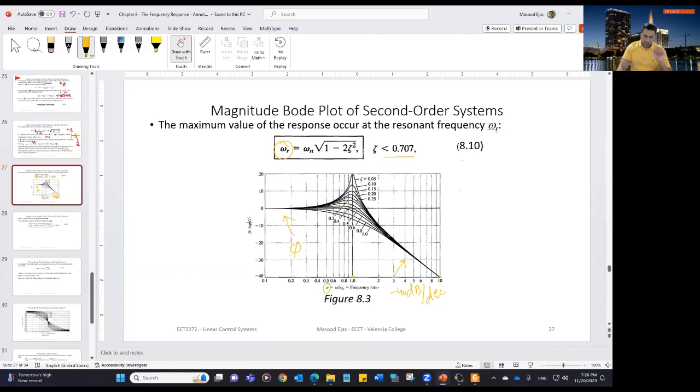And at that omega r, just show the peak value and then just connect it freehand. And then the final slope is going to be negative 40 decibel per decade. So you're going to just merge into that asymptote. Of course, if you're drawing using, let's say, the bode function or something, it's going to give you the exact plot.